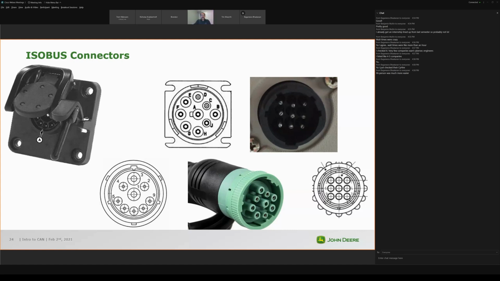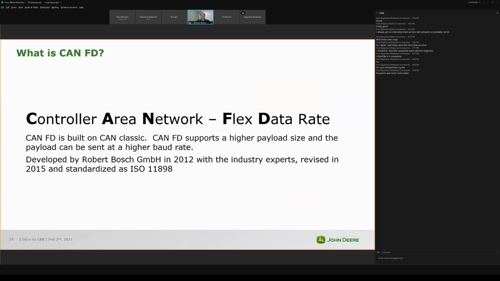So this is just the CAN Classic. But the next thing we'll be looking at is CAN FD, flexible data rate. This is built on CAN Classic, except the big difference is the payload size. When we say payload size, it is the data packet size, and at what speed you want to send that.